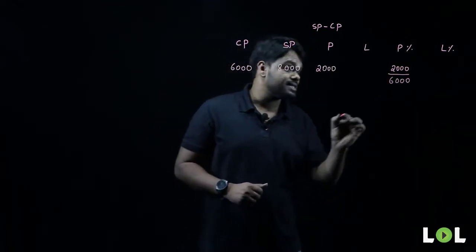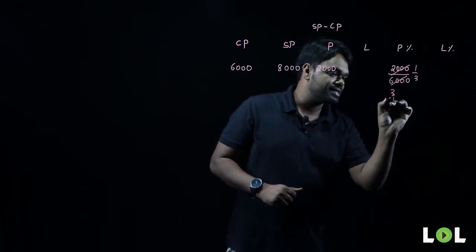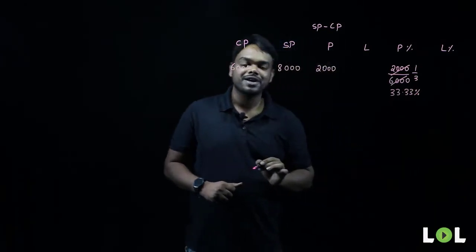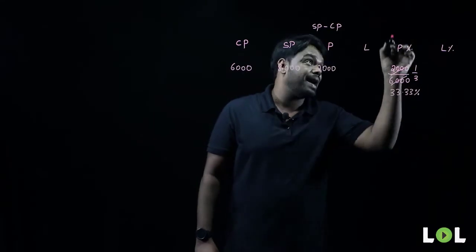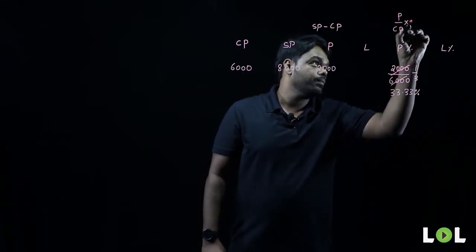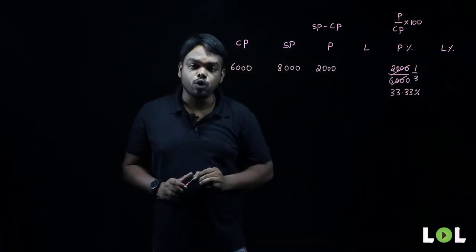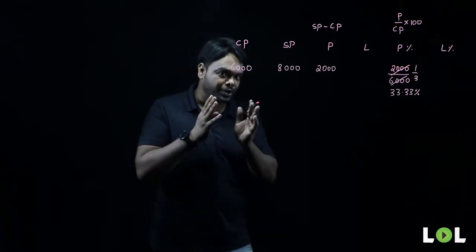Now, 2,000 by 6,000 is nothing but 1 by 3, which is the same as 33.33%. So how did you calculate your profit percent? That is profit by cost price into 100. I did not use into 100 here because we know that 1 by 3 itself is 33.33%. I hope you understood this.